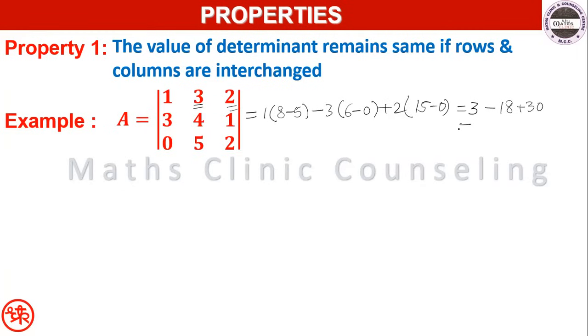So what is the answer? 30 minus 18 is 12, 12 plus 3, 15 is the answer.